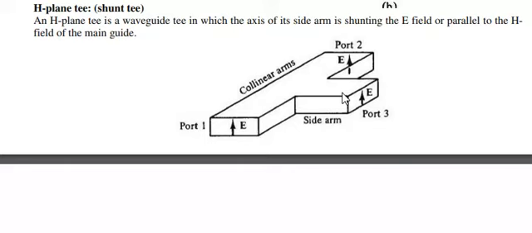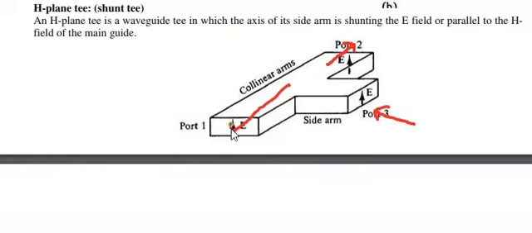It is characterized by the fact that the two outputs from the top of the T section in the waveguide are in phase with each other. If the wave is fed from port 3, the waves coming out from port 1 and port 2 are in phase.